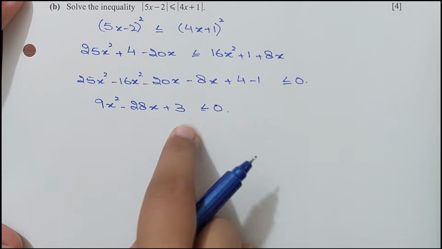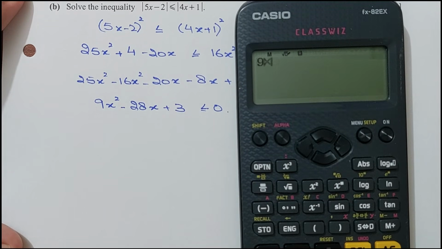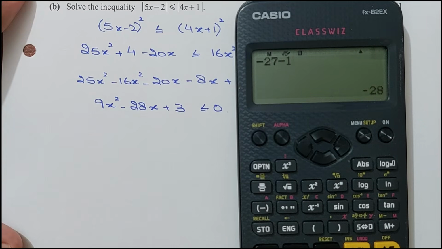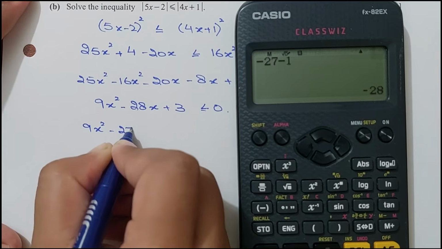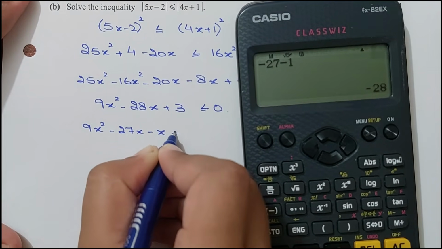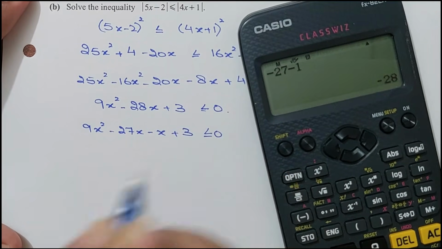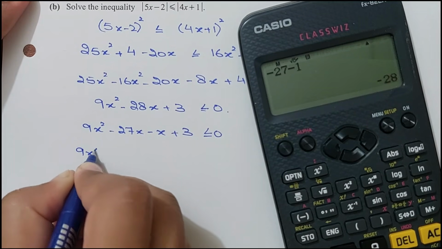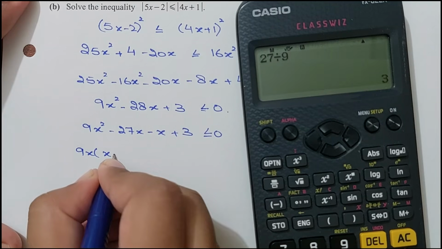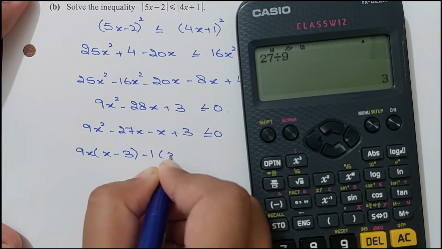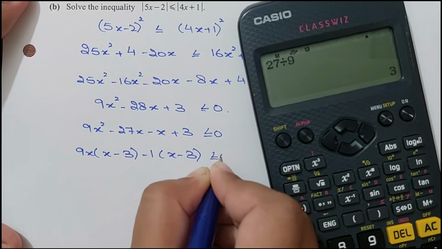Now let me factorize this. 9 times 3 is 27, and we can say 27 times 1 is 27, and minus 27 minus 1 is negative 28, right? 9x squared minus 27x minus x plus 3 less than or equal to 0, right? 9x is common, we are left with x minus 3, and 27 divided by 9 is 3. Negative 1 is common, so 9x minus 1 times x minus 3 is less than or equal to 0.